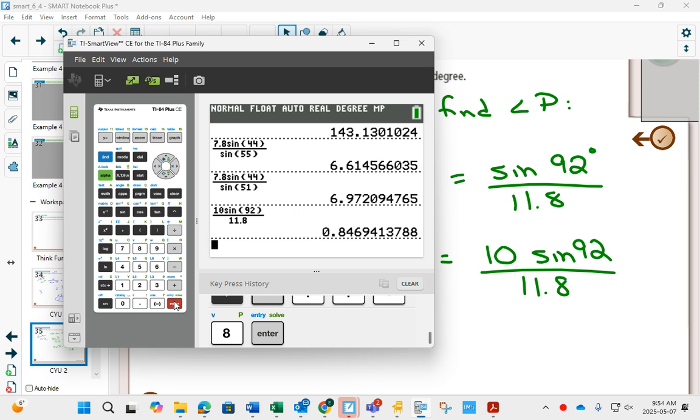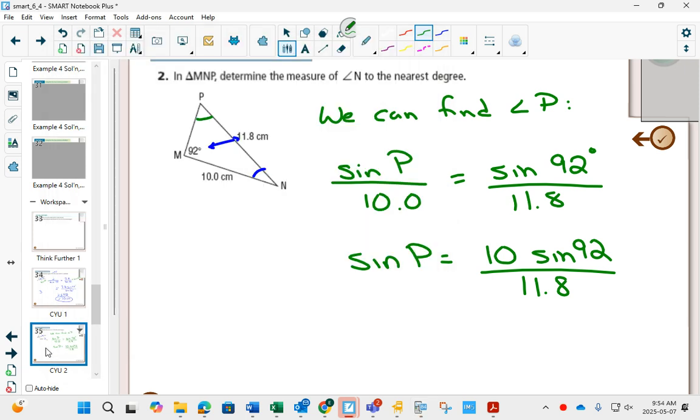I'm actually going to write it with the dots because I'm not rounding early.